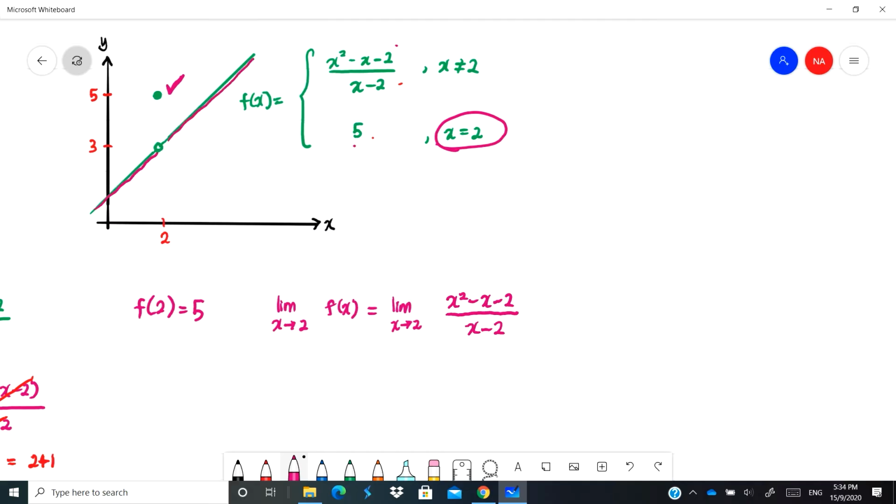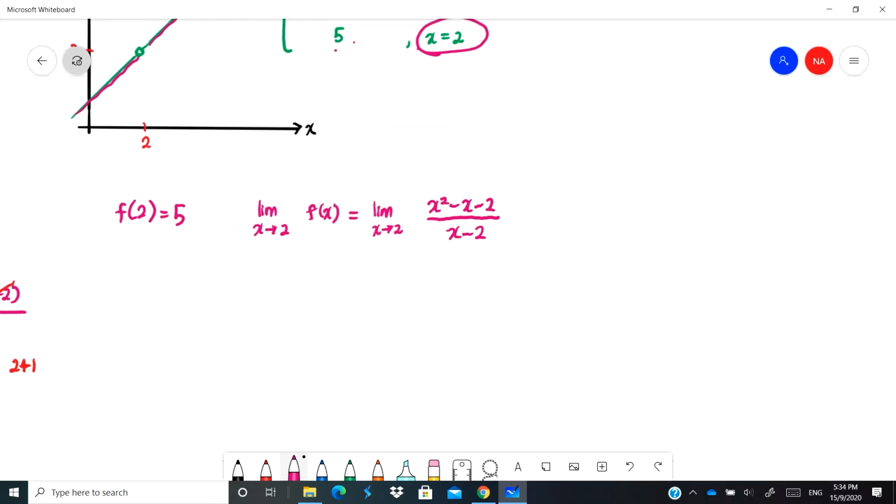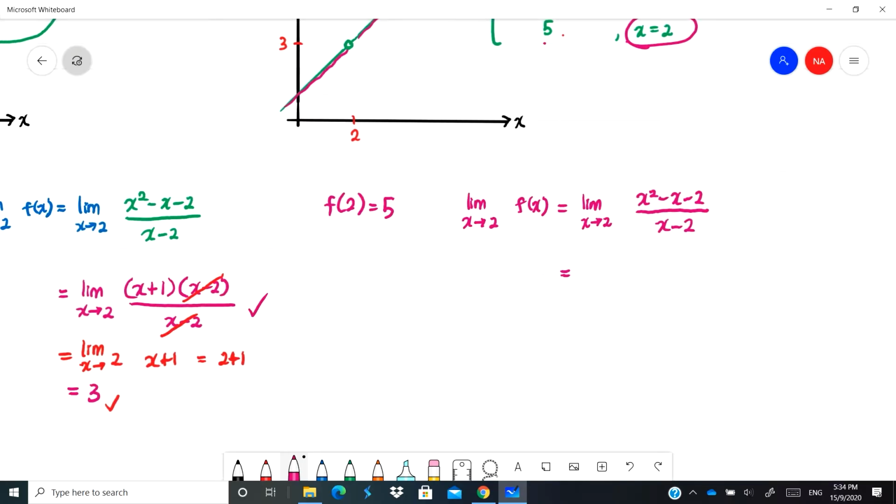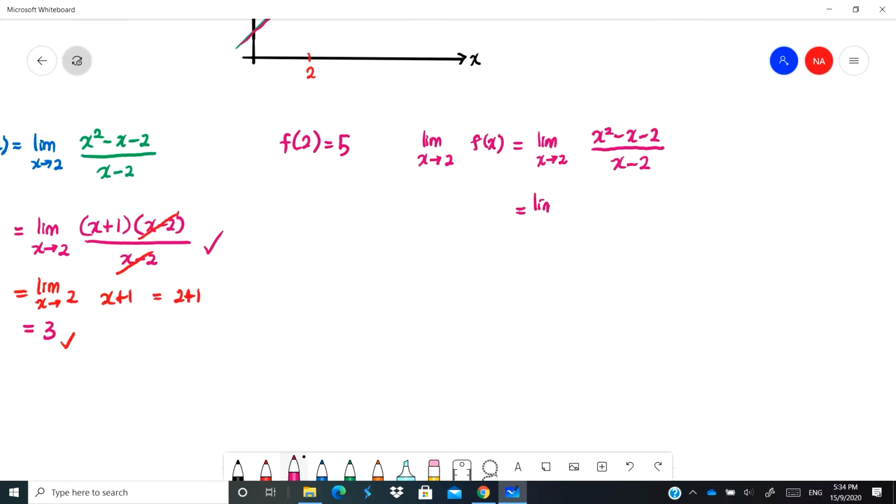You have to define that function for f(x). What you need to do is the same as what we did before: factorize it. So you'll have the limit as x approaches 2 of (x plus 1)(x minus 2) divided by x minus 2. You cancel that, and you'll have the limit as x approaches 2 of x plus 1.